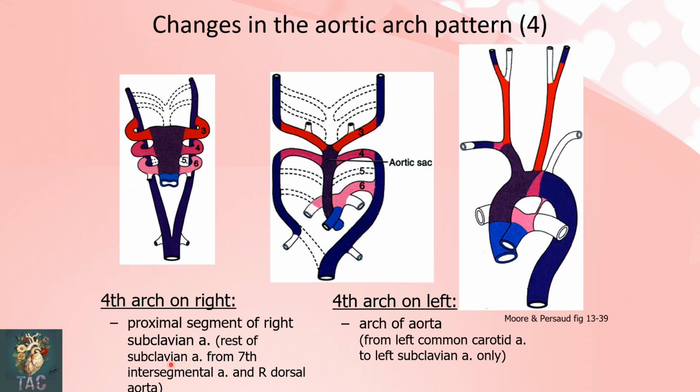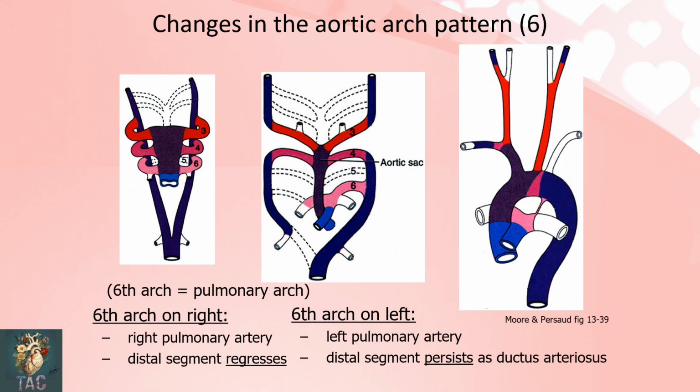The rest of it is formed from the seventh intersegmental and right dorsal artery, and the fourth arch on the left side forms the arch of the aorta. This area you can see. And the sixth arch on the right side forms the right pulmonary artery and the distal segment regresses. On the left side it forms the left pulmonary artery and the distal segment persists as the ductus arteriosus.